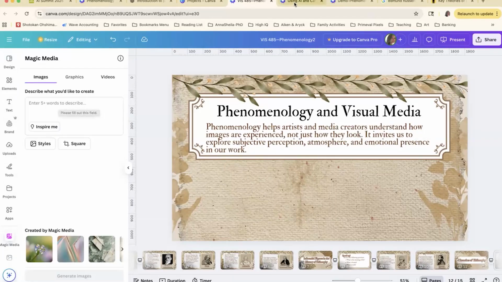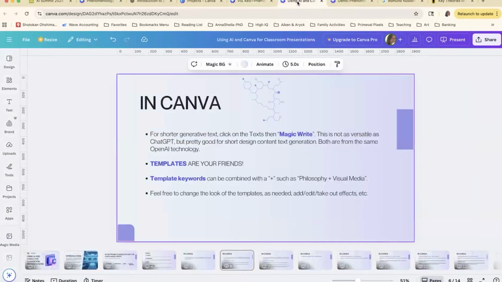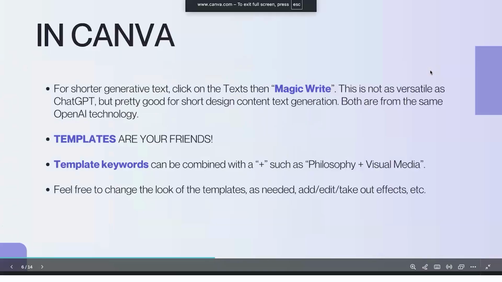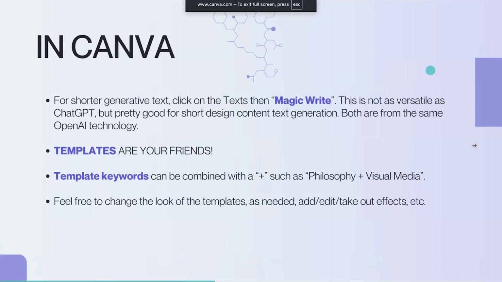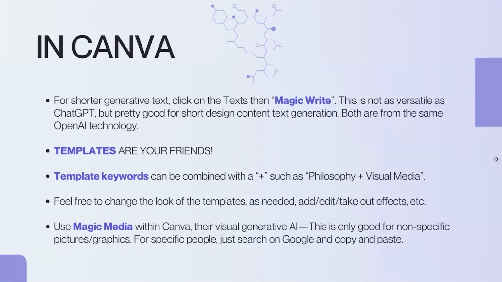Let me go back to here for the presentation. So like I said, feel free to change the look of the templates as needed. You can add, edit, or take out effects. And use Magic Media within Canva for their visual generative AI. This is only really good for non-specific pictures and graphics, like I said.